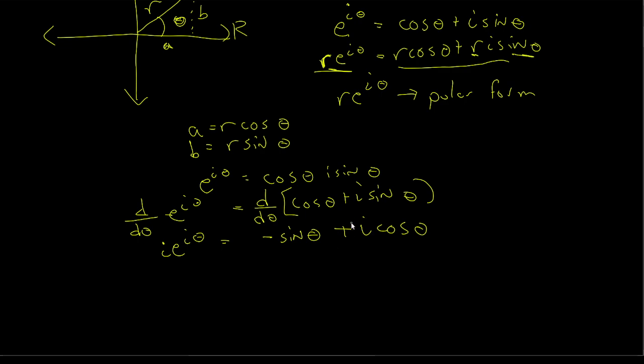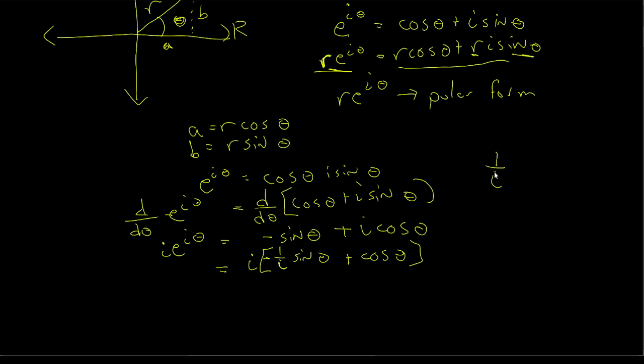And what I can do here is factor out an i. So if I divide this by i, pull out an i, I get negative 1 over i sine theta plus cosine theta.